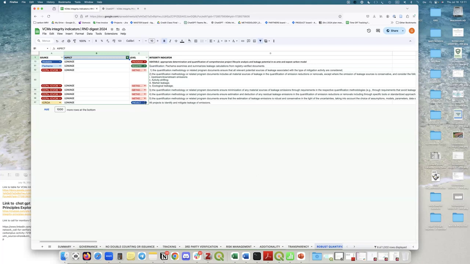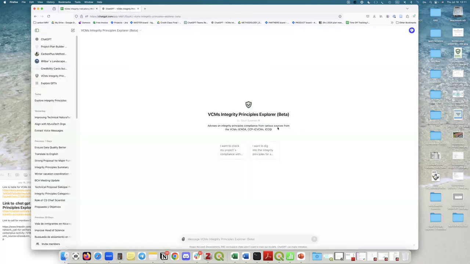And in order to make it more fun, what I did is I customized ChatGPT. So you can also include here the protocol or the method that you're writing and all the information related to that. And you can say, I want to check my project's compliance.